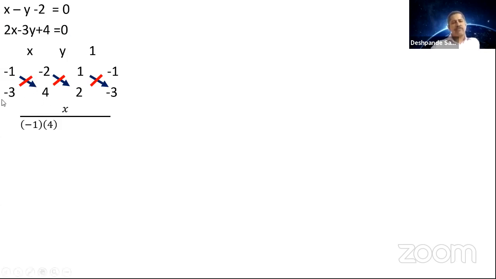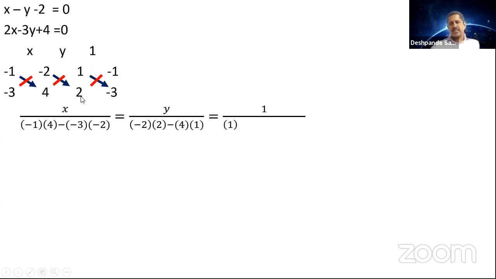So minus 1 into 4 minus 3 into minus 2 is equal to y divided by minus 2 into 2 minus 4 into 1, is equal to 1 divided by 1 into minus 3 minus 2 into minus 1.